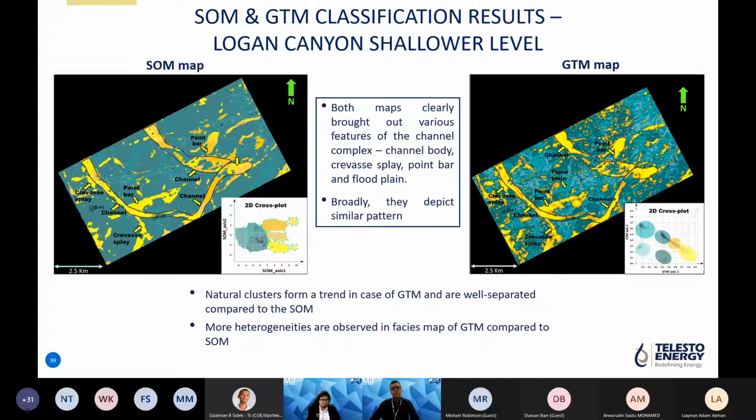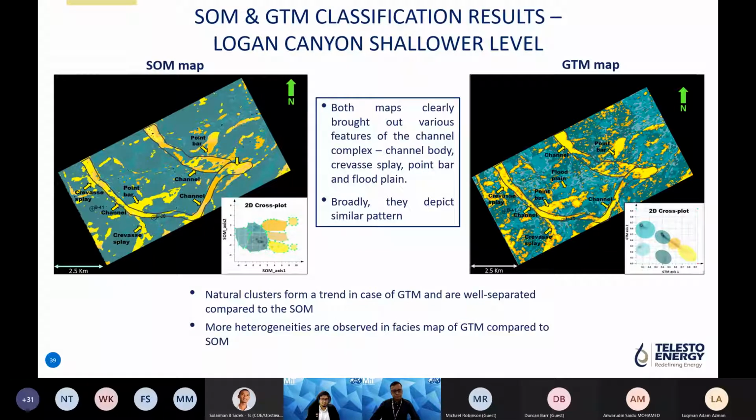Once we apply this SOM and GTM classification results at the shallower level, what you can see both on the left and right hand side is that both these maps have clearly brought out the channel geometry and the other associated crevasse plays, floodplains, point bars, etc. You can also see the natural clusters that were formed in both GTM and SOM are well separated.